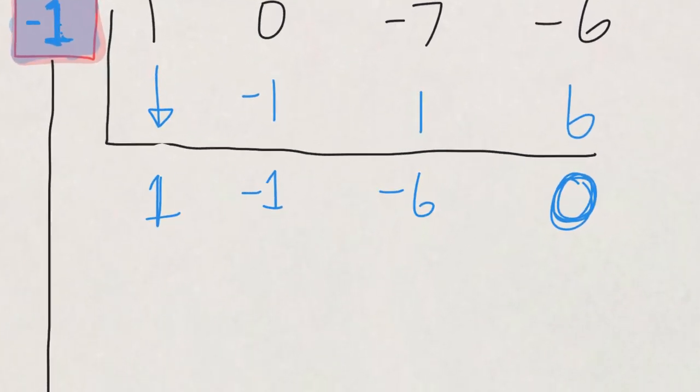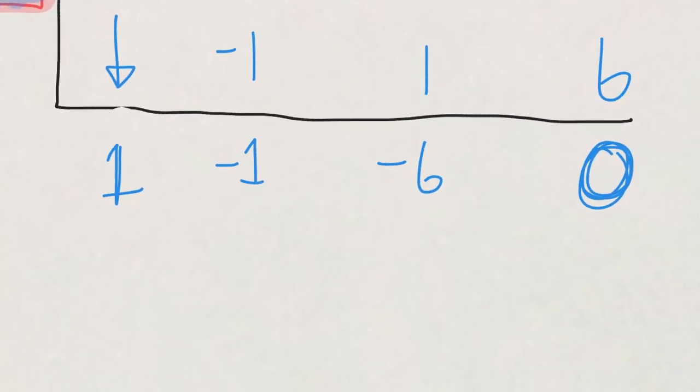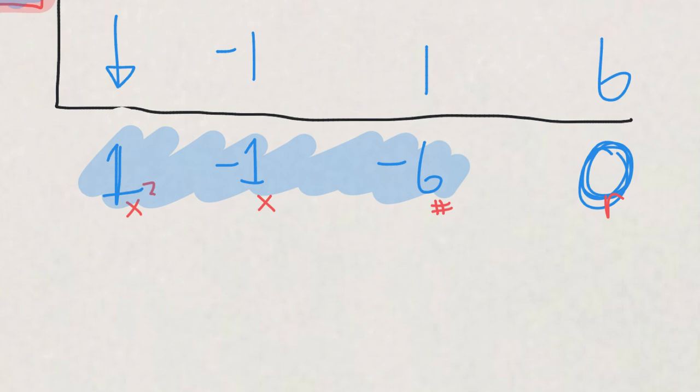So let's remember what we have left over. What do these numbers represent? The 0 represents your remainder. The -6 represents your constant term. The -1 is your coefficient of x, and positive 1 is your coefficient of x squared. So what we have now, in fact, is a quadratic equation that we can hopefully factor: x squared minus x minus 6.